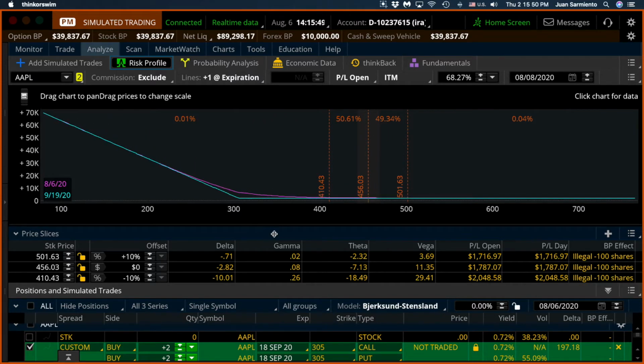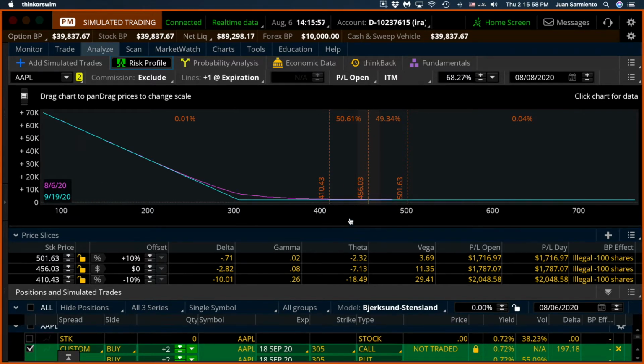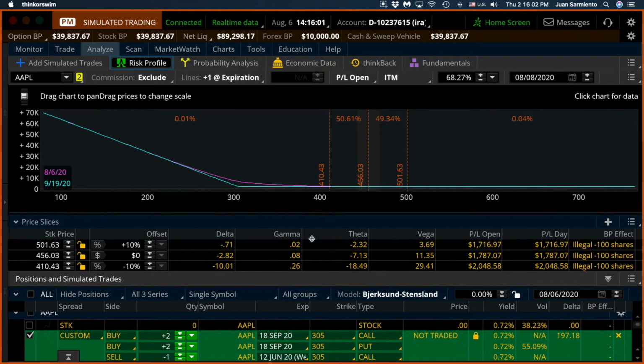But obviously the stock could drop if there is very, very bad news and the market begins to tank. It won't matter because I have now locked in my profits, which is $1,787.